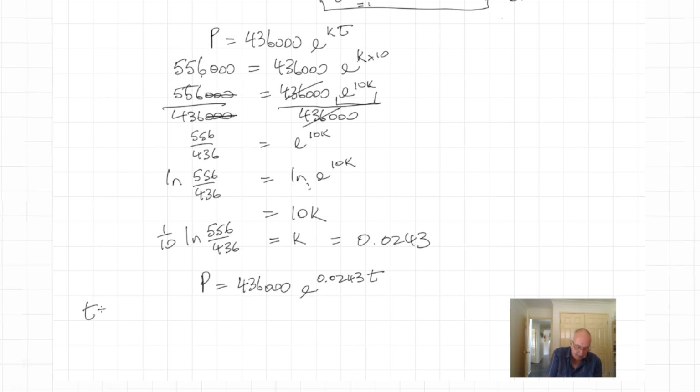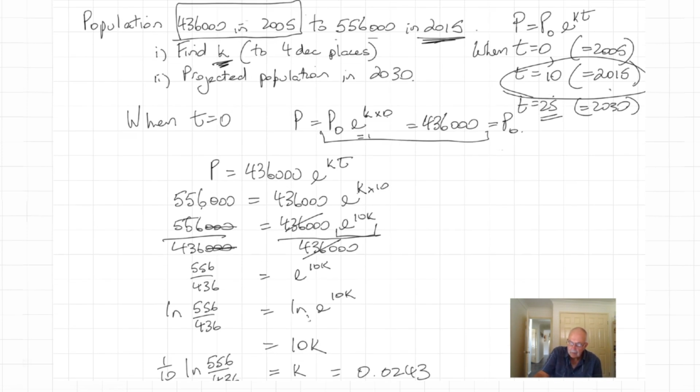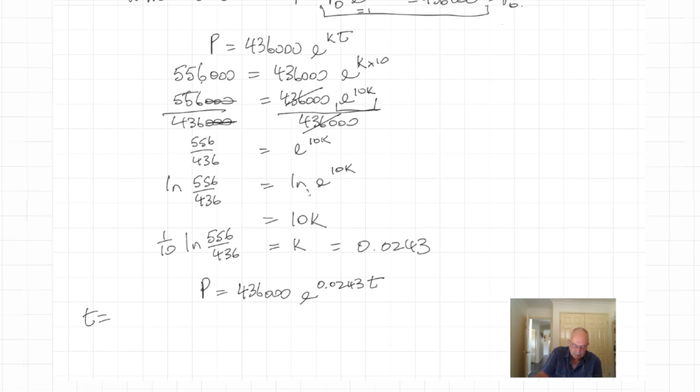Now when t is equal to 25, we've got P equals 436,000 e to the 0.0243 times 25. Now that's a matter of just putting that in your calculator. 436 times e, and it'll go to the power, put that in brackets, and work it out, and we'll get 800,677.